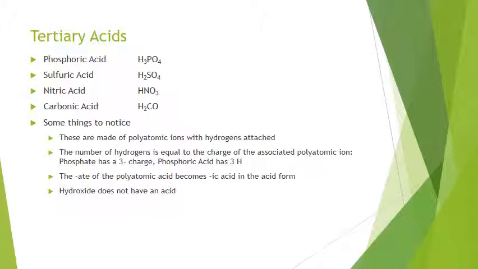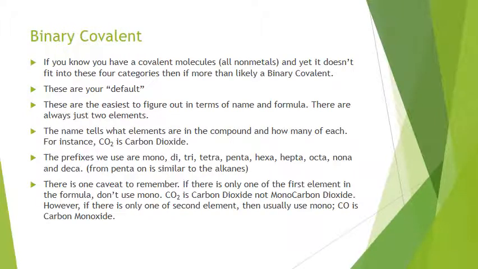Okay. So up to this point, if you're given a covalent compound, you need to check if it's one of these 4 categories. Now, there'll be times when it's a covalent compound that will not fall into one of these categories. So what is it then? Well, it's probably going to be a binary covalent.